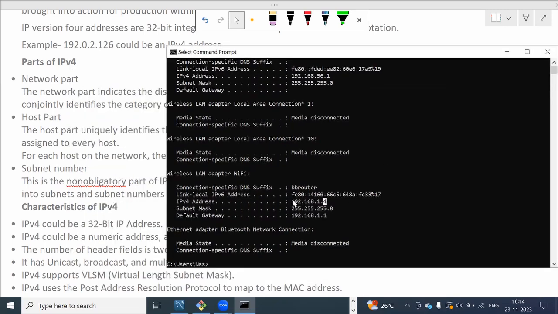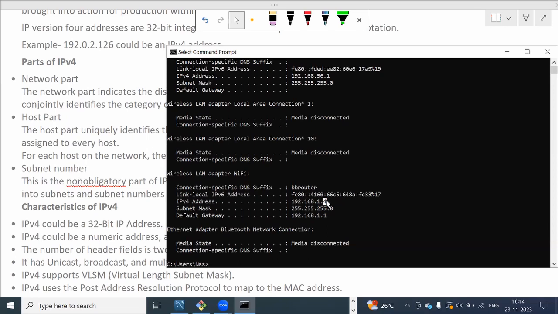This part, 192.168.1, is your network part, and the last number is your host part. 1.4 is uniquely identifying your device. So this part will remain the same for every device which is connected to your Wi-Fi, that is 192.168.1 will remain the same. This is the entire network part and this is the host part.